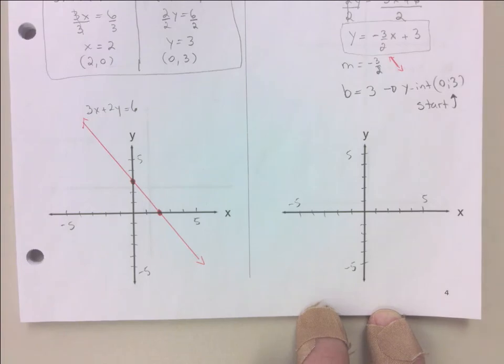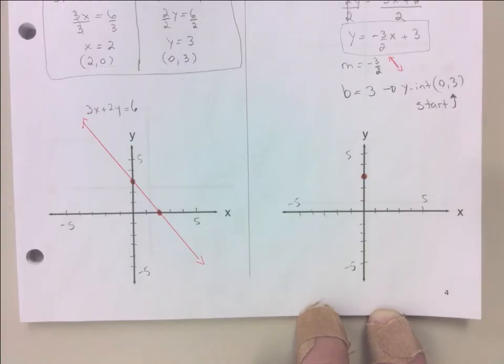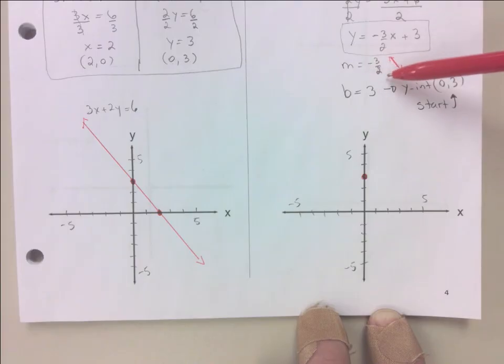So I start with 0, 3. It seems to be a negative there. Can you make sure it's 0, 3, right? It's just 3, not negative 3. So you start there. You go 0, 3. You make your point there. And you use your slope to find another point.